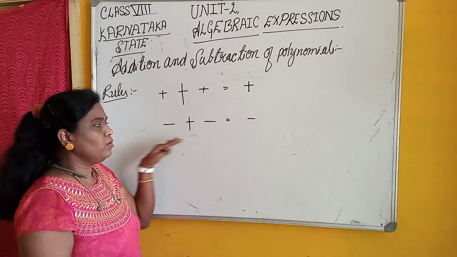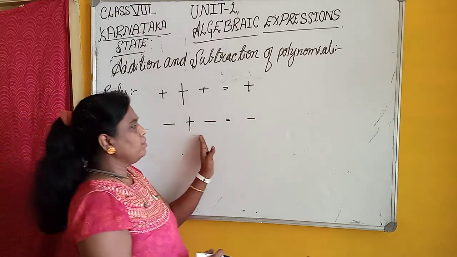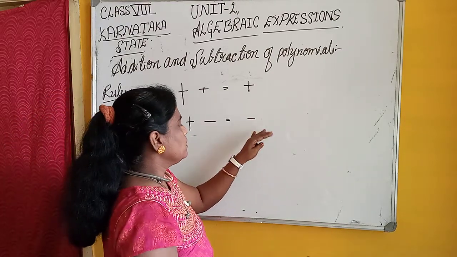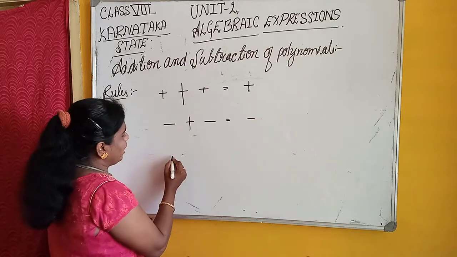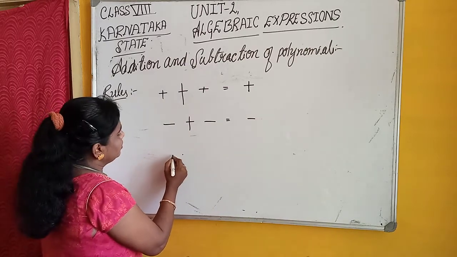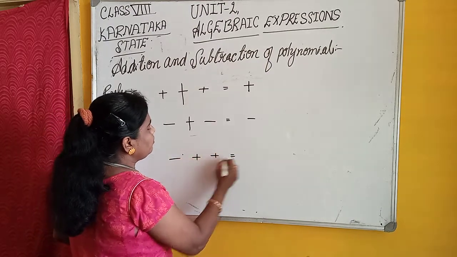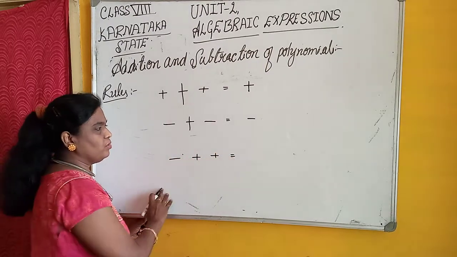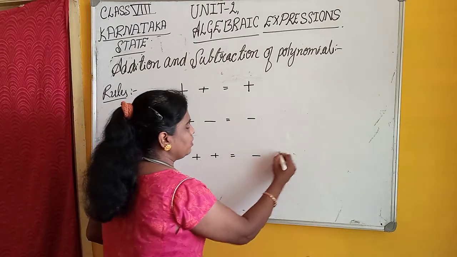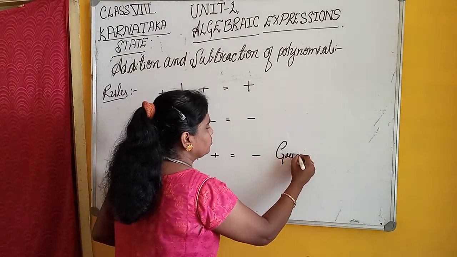When we add two negative integers, we add those integers and put the same sign, minus. Understood? And when we add a negative integer and a positive integer, we take the difference of those numbers and put the sign of the greater number.